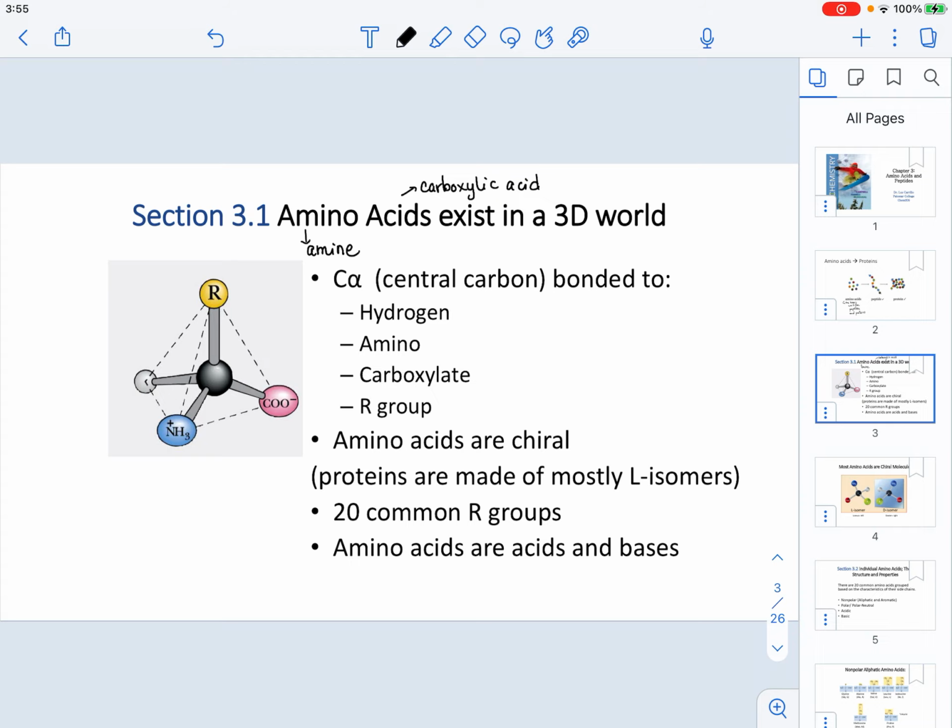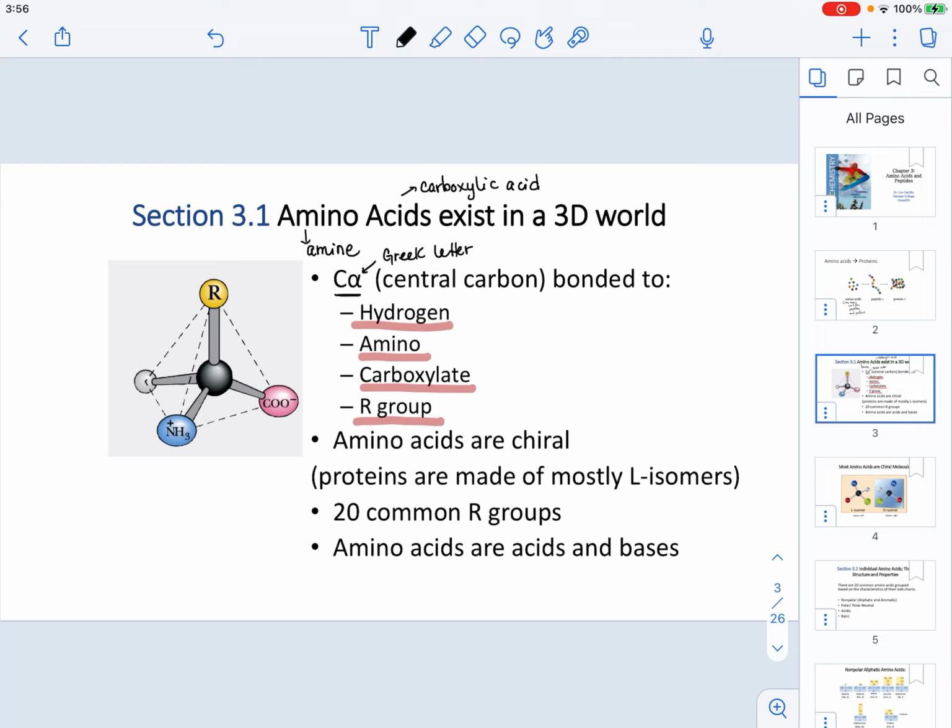Understand that the carbon that is holding all the different components of an amino acid is known as the alpha carbon. And this alpha symbol is going to be the Greek letter that symbolizes that the alpha carbon is the central carbon. Every amino acid contains, attached to that central carbon, in other words, the alpha carbon, a hydrogen atom, an amino group, a carboxylate group, and the R group.